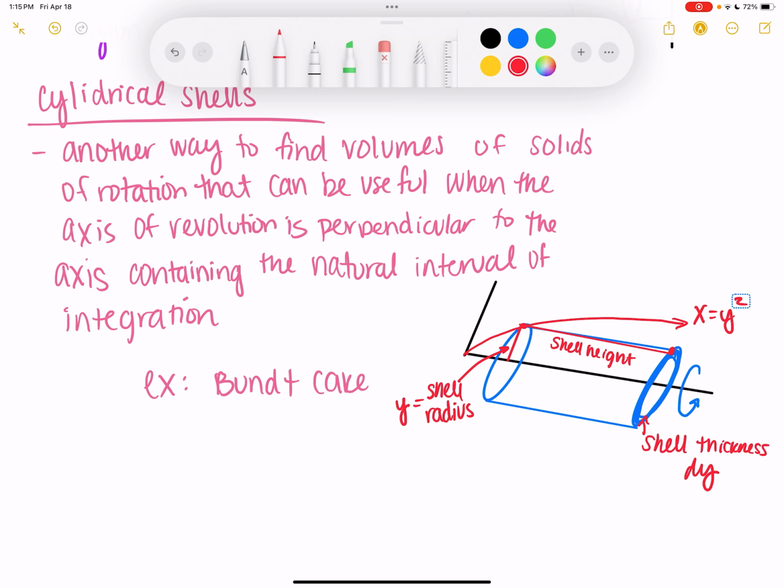The book shows these things that I've written in red as a two-dimensional picture as well on page 406. That might be helpful to look at too if you feel like you're thoroughly confused. And then whatever this height is here of the radius, this is also going to be your interval of integration.